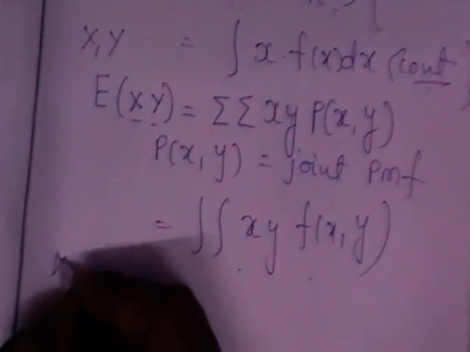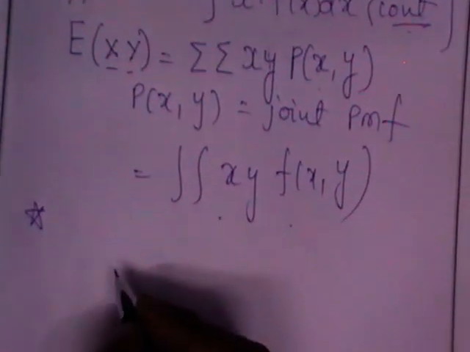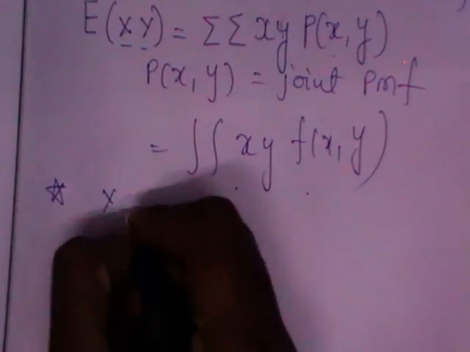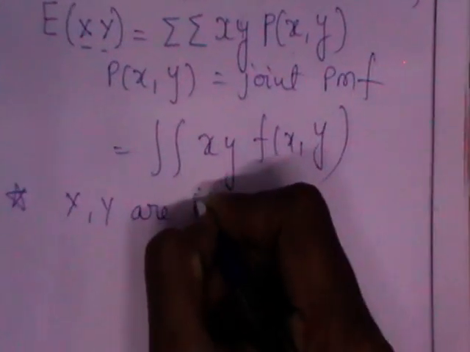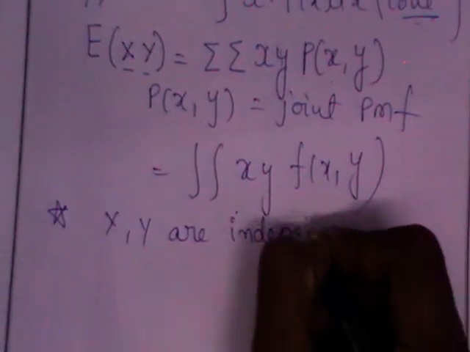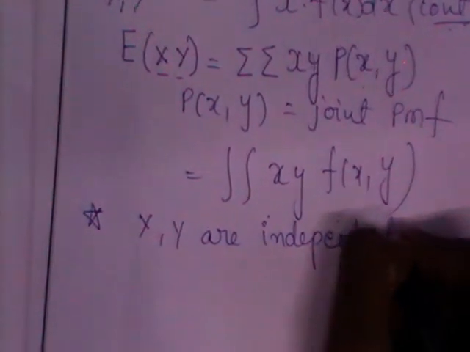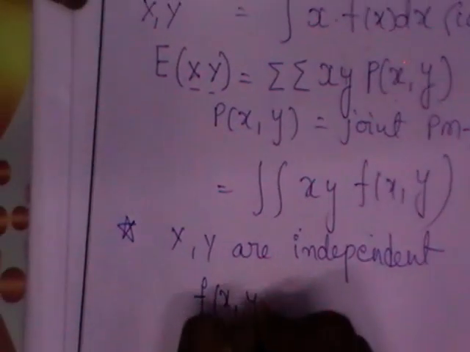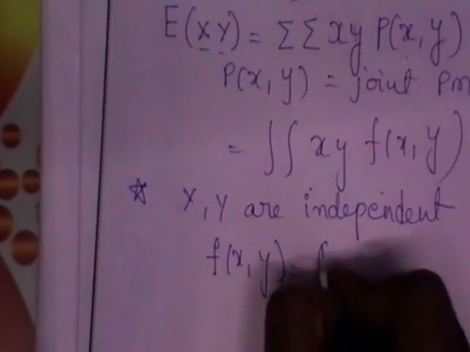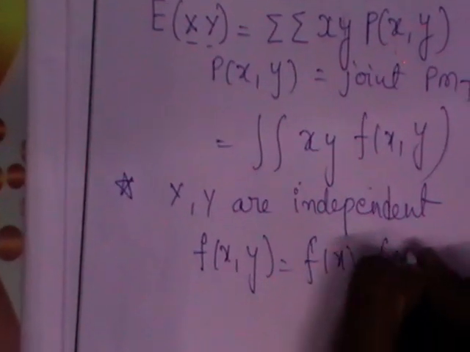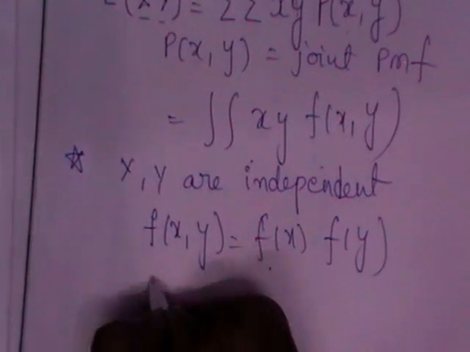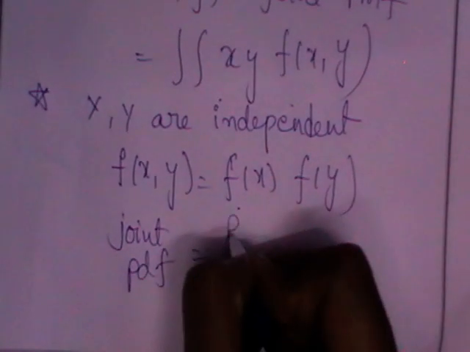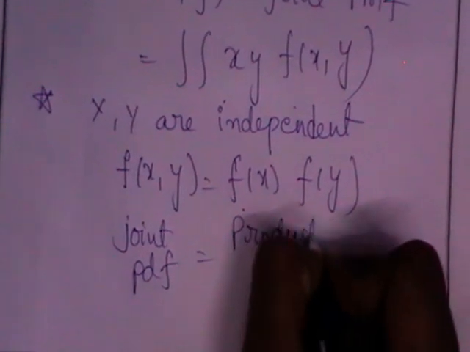Moreover, to discuss the two theorems in mathematical expectation, you should know that whenever x comma y are independent, as we have two random variables, we will have two cases, when they are independent and when dependent. When they are independent, f of x comma y is equal to f of x into f of y, where the joint PDF is equal to the product of the marginal PDFs.